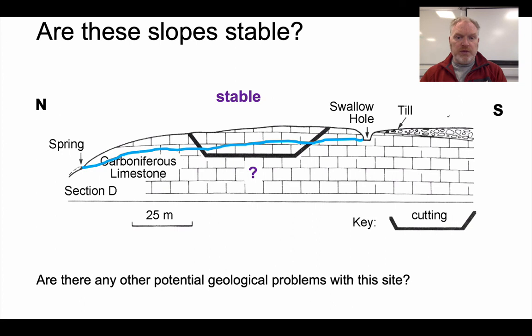So if I'm going to build something on top of these, I want to know what's down there. I want to know if there are any cavities that have the potential to subside when I start digging out above them and putting a load on top of them.